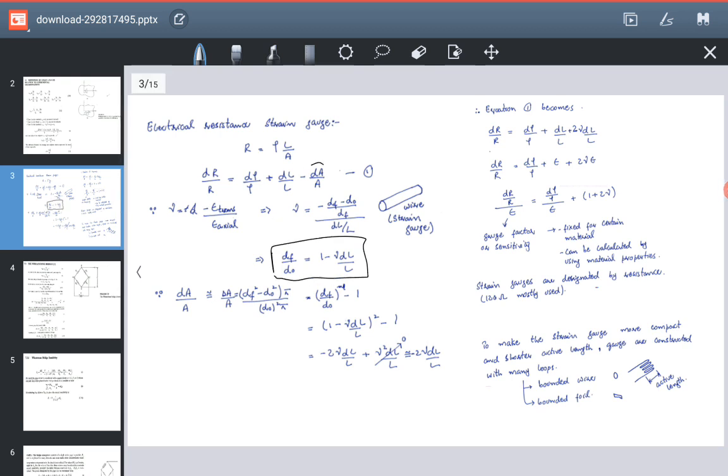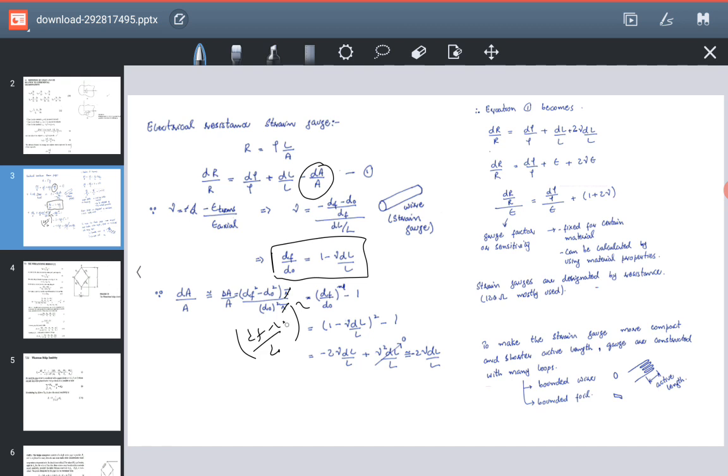And now dA, we are going to find it is simply delta A upon A. Change in area will be the change in the diameter, sorry, pi d square. So area is pi d square, so change in area will be pi dF minus pi d naught, and simply this will be cancelled and this will be considered into the whole square.